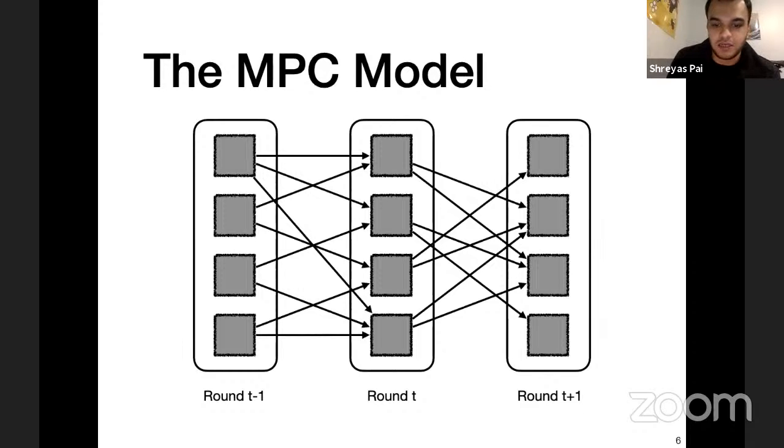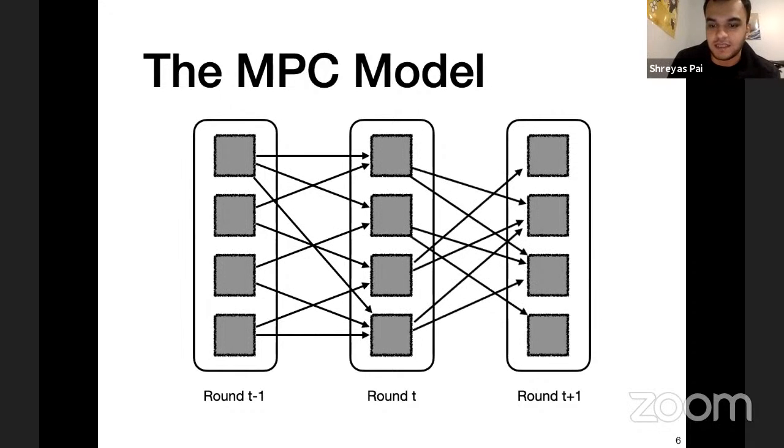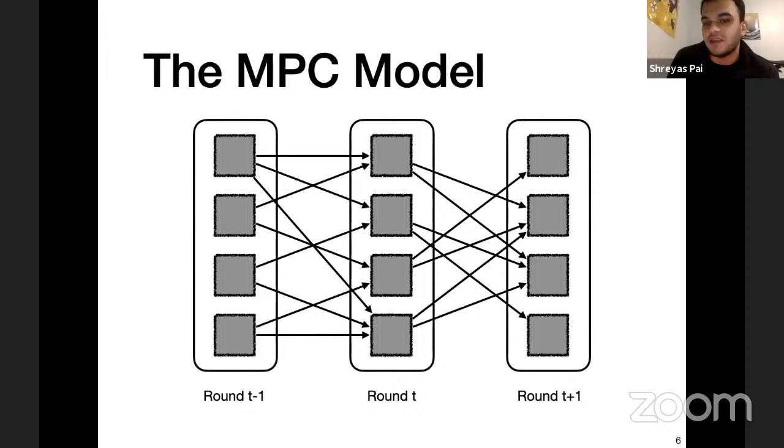The communication goes in synchronous rounds. Consider the set of machines in round t-1, round t, and round t+1. The machines in round t receive messages from the machines in the previous round, perform some local computation, and then send messages to the machines that will receive them in round t+1.